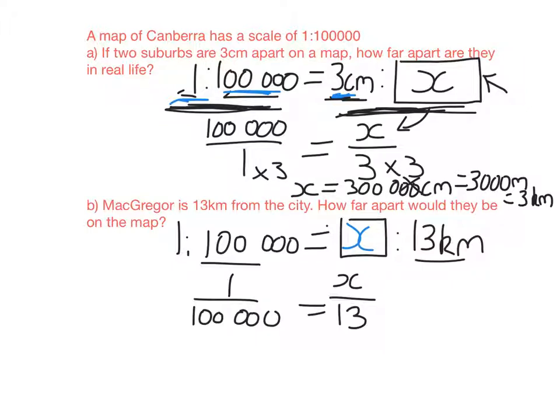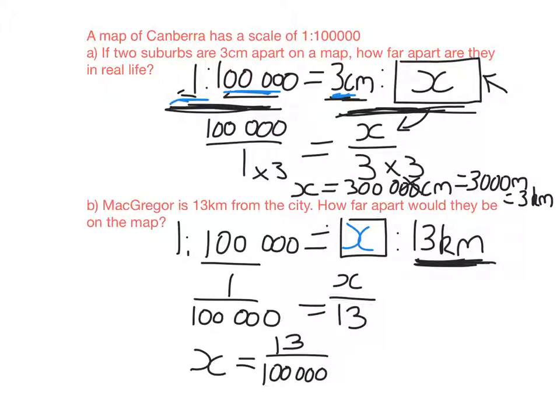Okay, so essentially what I'm doing is I'm just dividing this 13 kilometres by 100,000 because I know that the real life distance is 100,000 times as large as the distance on a map. So that's all I'm doing. So x is going to be 1 over 100,000 times 13, or if you like 13 divided by 100,000.